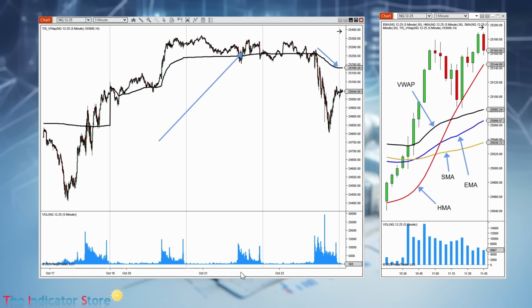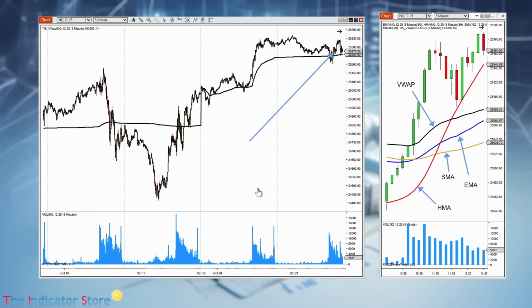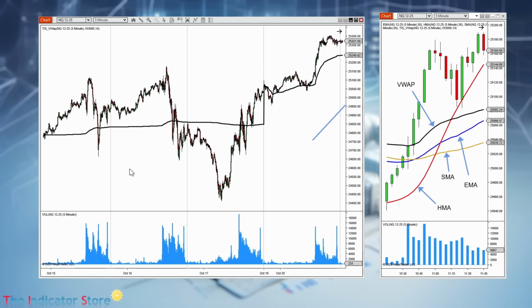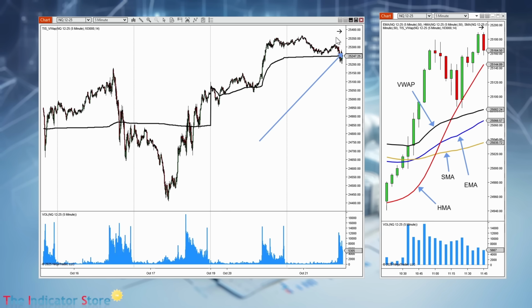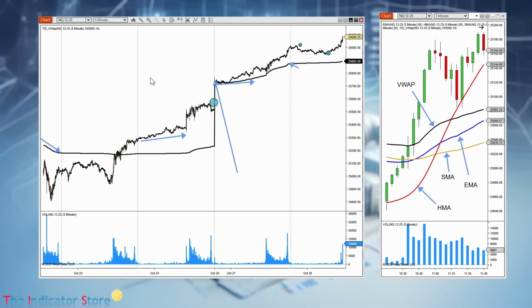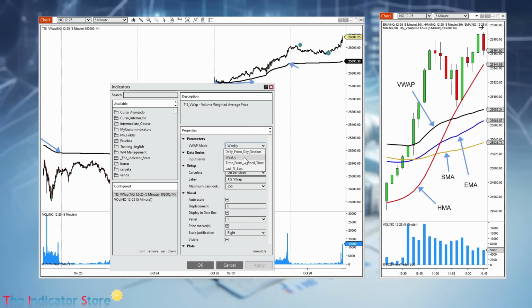But the most important are the places where this line goes. Let's go back to the daily. On the daily, you can see that it says from day session.